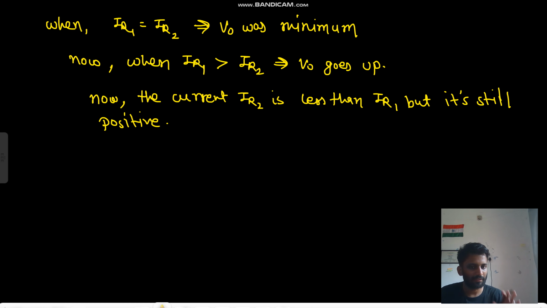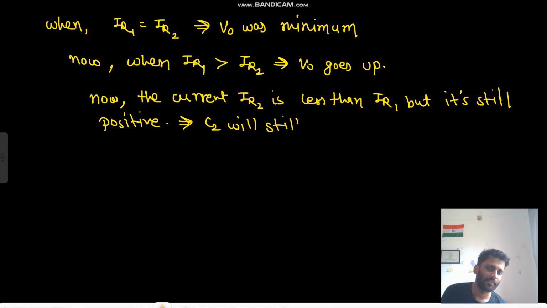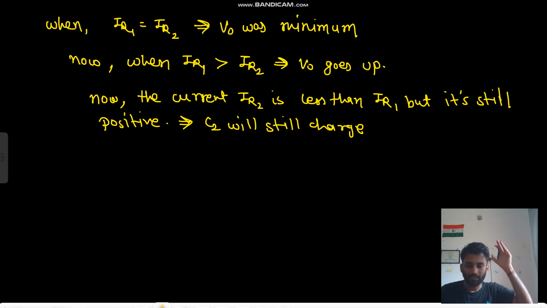The current is lesser but still positive. That means your C2 will still charge. So the concept that I have explained earlier, right? The current is less, the current is going down, but still your capacitor will charge because it is positive. The IR2 is lesser than IR1, but still it is positive. So C2 will still charge.